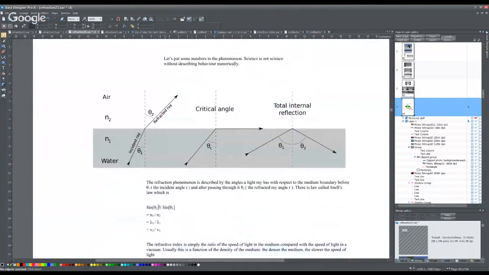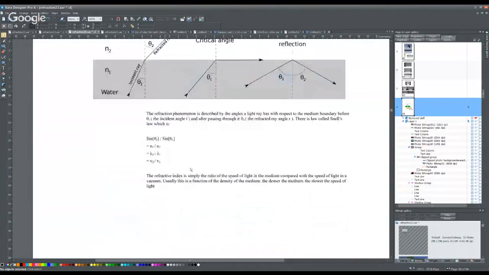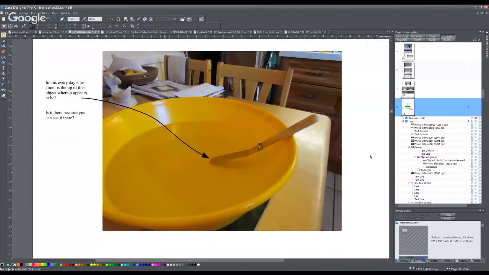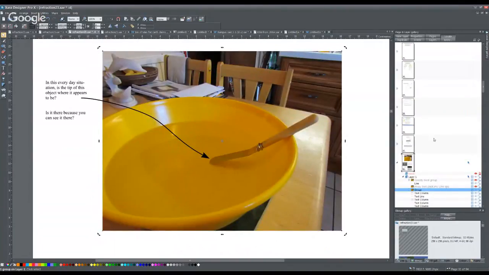Snell's law tells you what the angle of incidence and angle of refraction should be, and at certain angles it internally reflects. But it's all dependent on the change in the speed of light between the two mediums, and the medium's refractive index determines the speed of light in the medium, and that's determined generally by the density of the medium. So it is just a little simple example of what you can do.